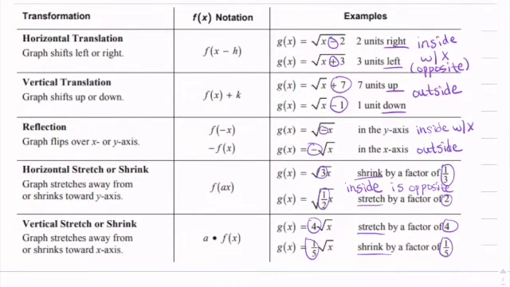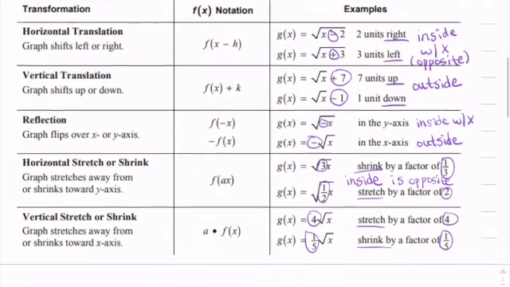All right, so what we want to do is describe transformations, just like we've done multiple times before. Once we describe the transformations we've done to our parent function, we're going to graph the function and talk briefly about our domain and range and how that might have changed or not changed depending on the transformations.